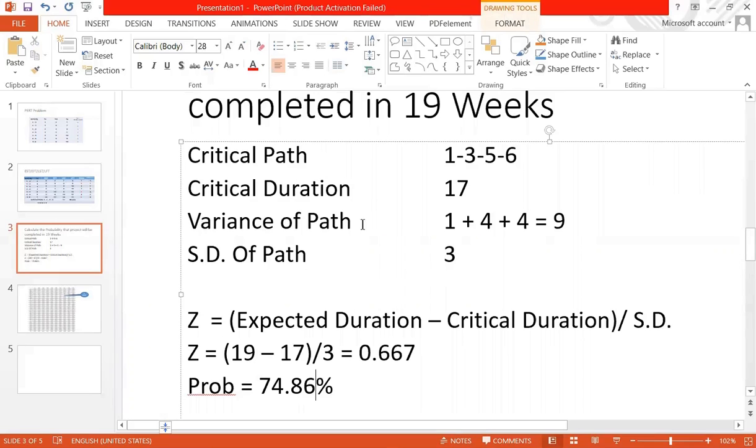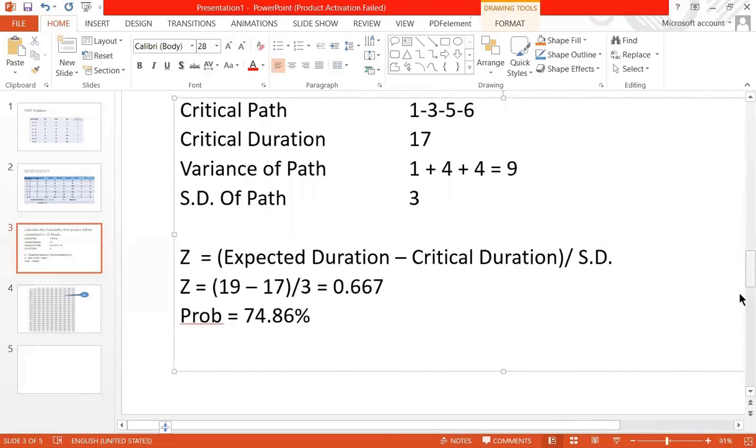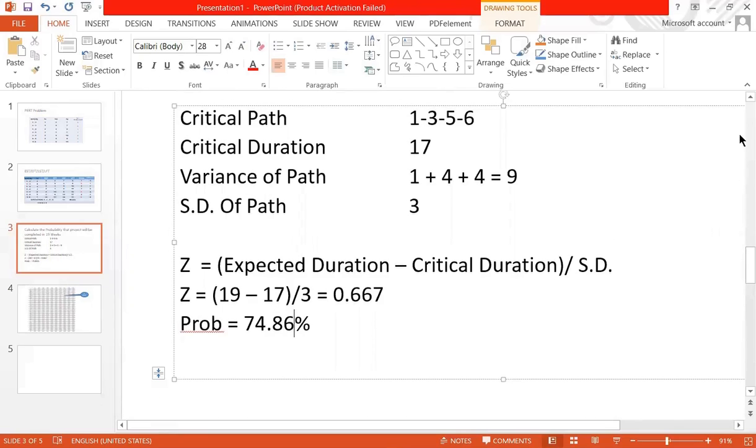So this is the way in which we solve the PERT problems. As you have seen, PERT is a probabilistic technique. So here we get a probability of completing a particular project in a given duration.